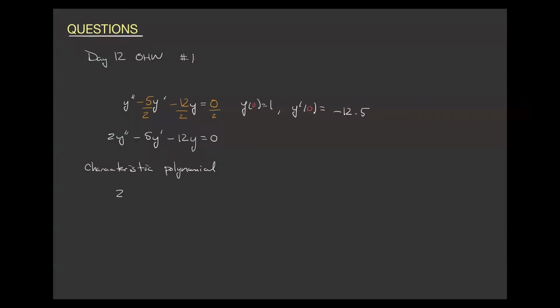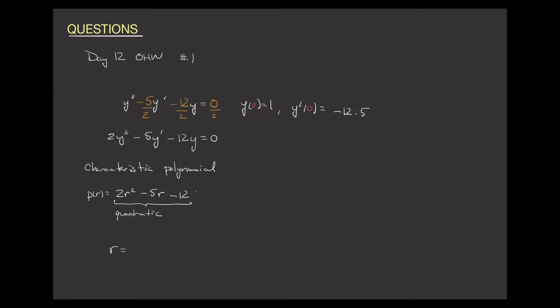So the characteristic polynomial is 2r squared minus 5r minus 12. Now, once you have a quadratic, you can use the quadratic formula. Sometimes you can right away see how to factor it, and maybe this one, it's obvious to you right away. I don't necessarily see it and don't want to just stare at it for a while not talking, so let's do the quadratic formula.